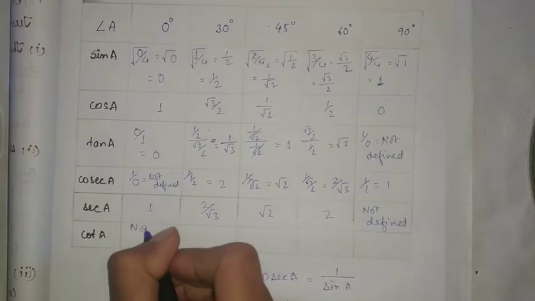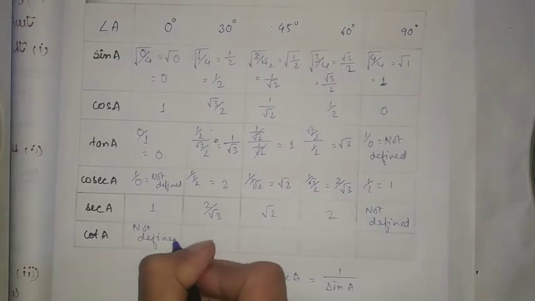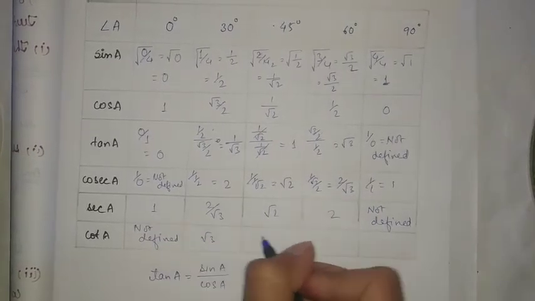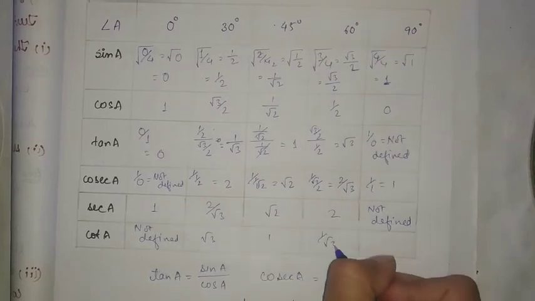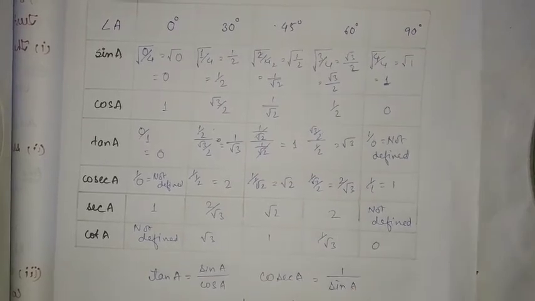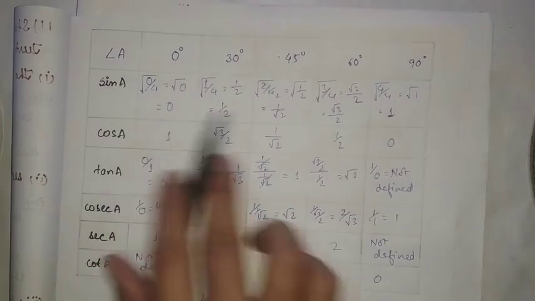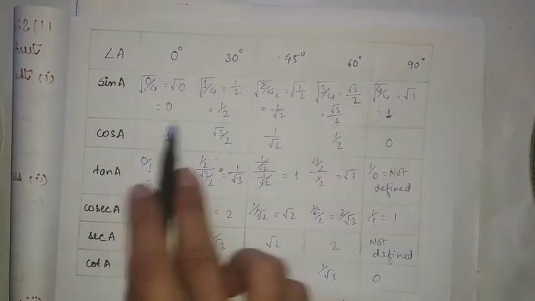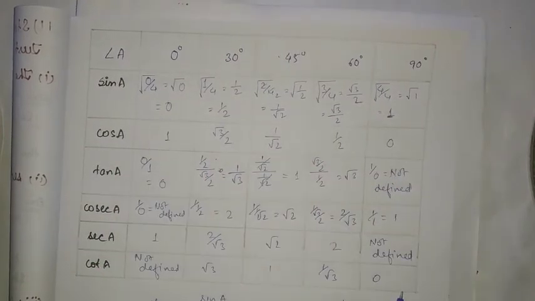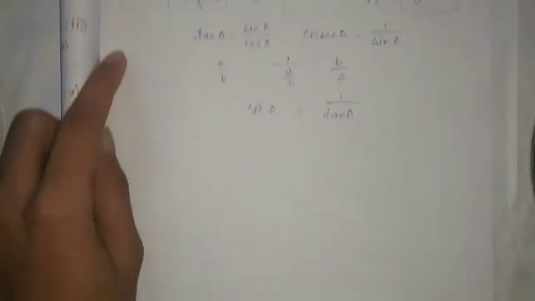So we write this as not defined, root 3, 1, 1 by root 3, and 0. So simply from these 5 numbers we completed this whole table. I'm repeating again how to remember these 5 values.